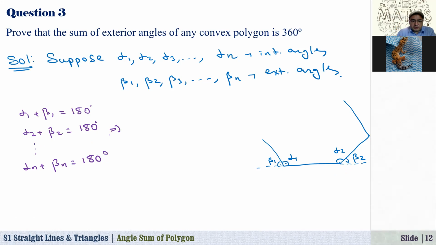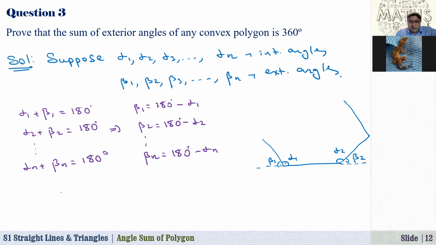Now, from this relationship, I can write beta 1 as 180 minus alpha 1. Beta 2 equals 180 minus alpha 2, dot, and the last angle, beta n, is equal to 180 minus alpha n. So now if you add beta 1, beta 2, beta n, what is it?